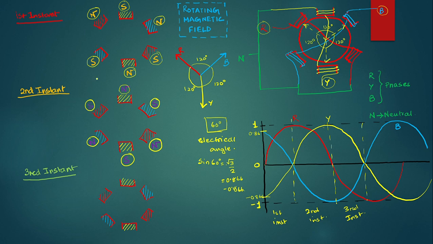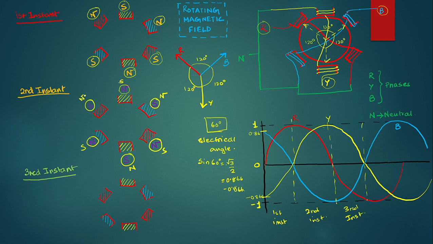So if we place these previous poles in the second instant, we can see that the previous pole is north. We have placed this north over here, south over here, again north over here, south, north, and south, right? This is according to the previous one.